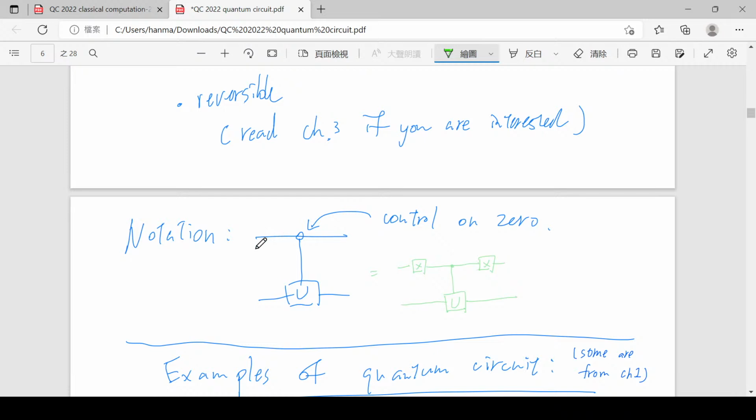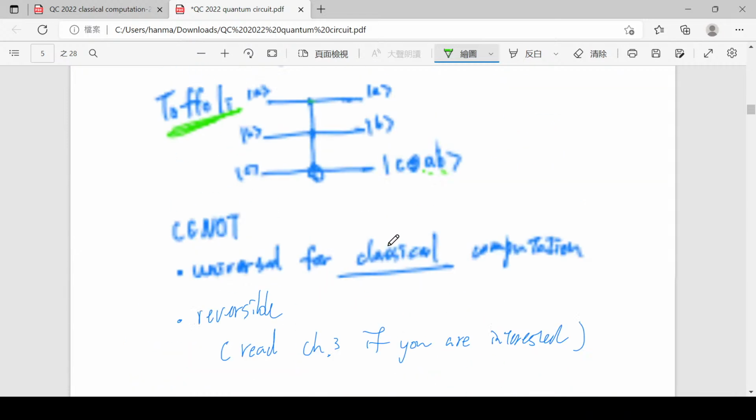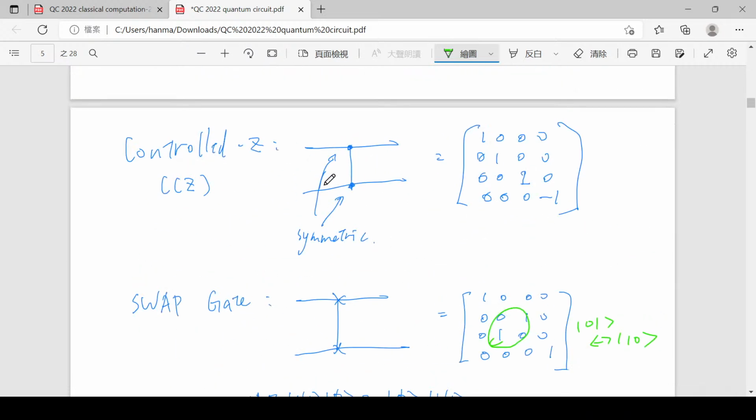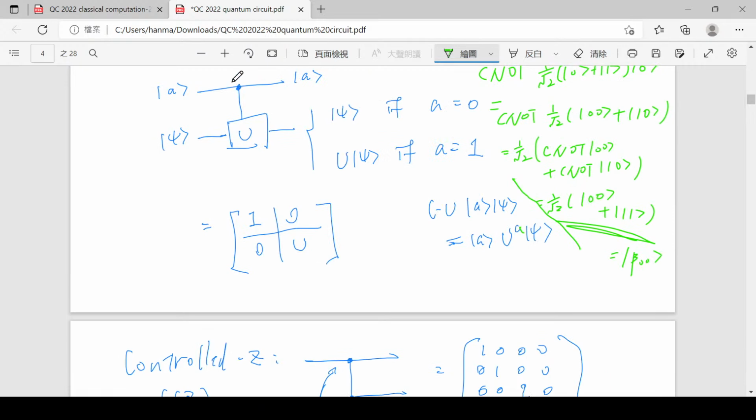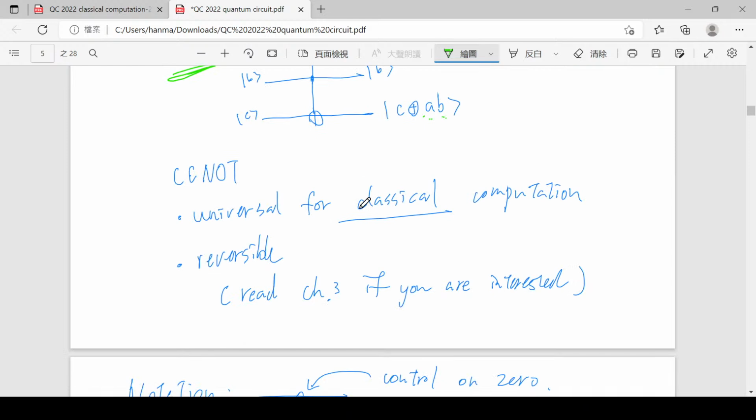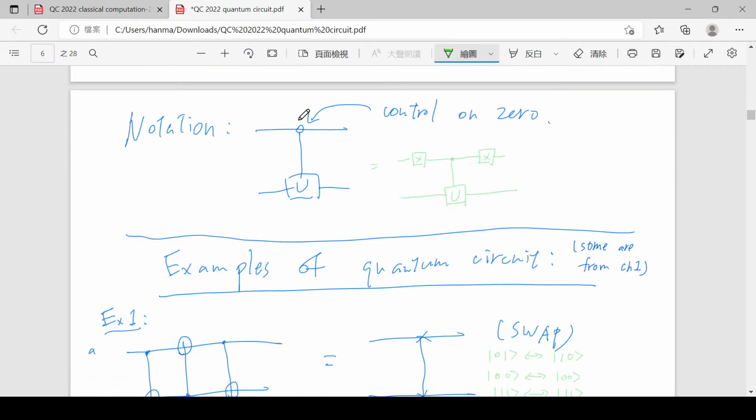Okay. So the notation of zero control. So say compared to this, right? So we have control Z, we have control U. We always have a solid dot here. But if we have this, what should I say, this empty circle here, sorry, this hollow circle here, then it means it's control on zero.